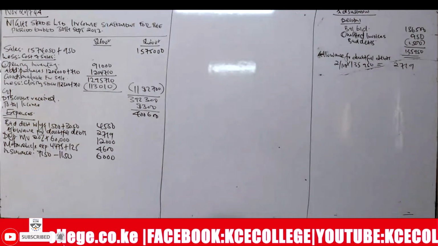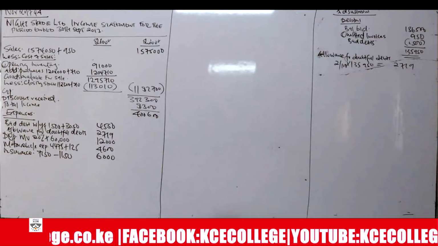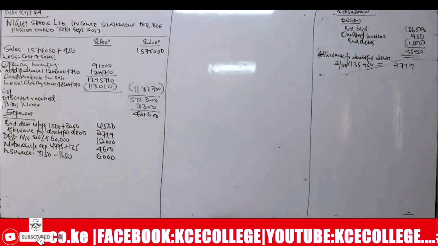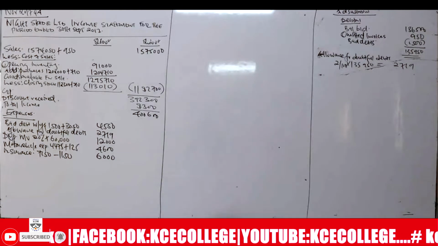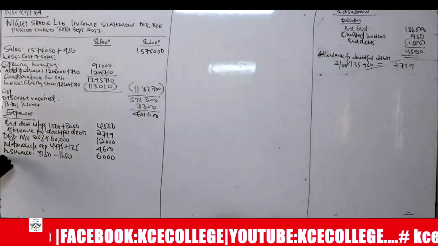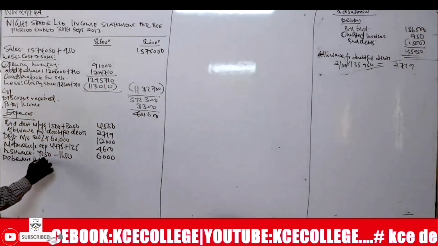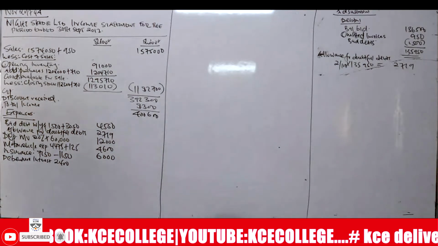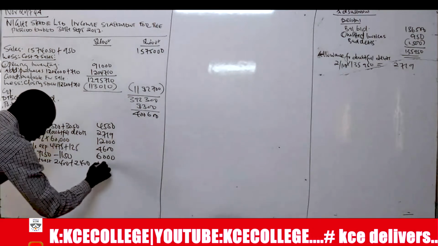Then you check from the trial balance if they have paid any of those amounts. If they have not paid, then the entire amount is accruing, it's still outstanding, isn't it? And then we have debenture interest paid. So they have paid 24. They have only paid half of the interest, meaning the other half is still outstanding, to make it 4,800.